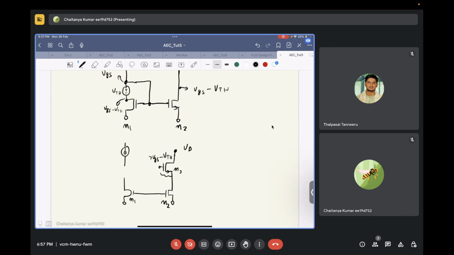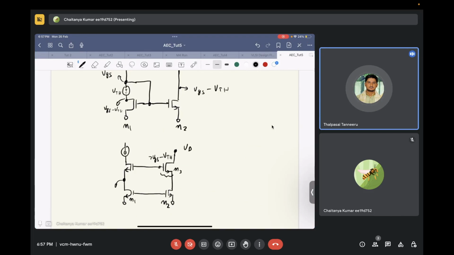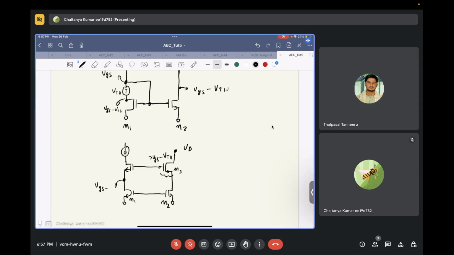Now, if I place an identical M3 over here, then what will this voltage now be? It should be VGS minus VTH. This should be VGS minus VTH. This again is VGS minus VTH.